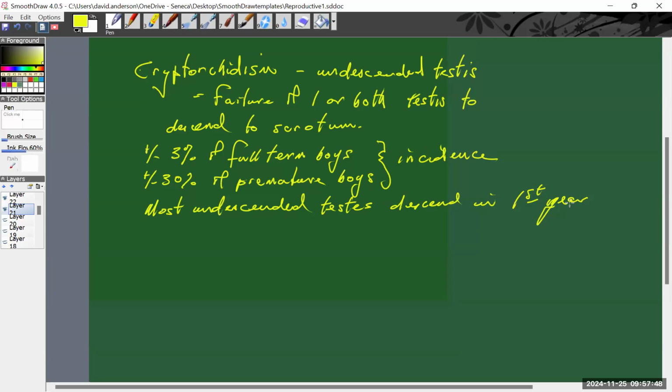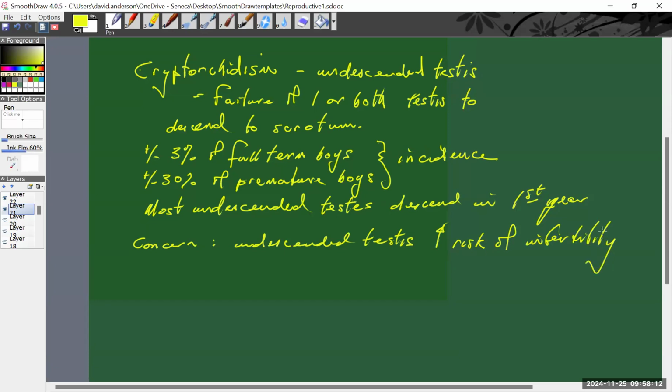generally speaking. So the concern we have is that undescended testes increase the risk of infertility. And if we recall, part of the reason for that is that the location of the testes in the scrotum was intended to decrease the environmental temperature for spermatogenesis.